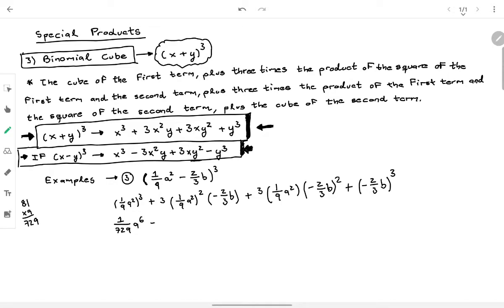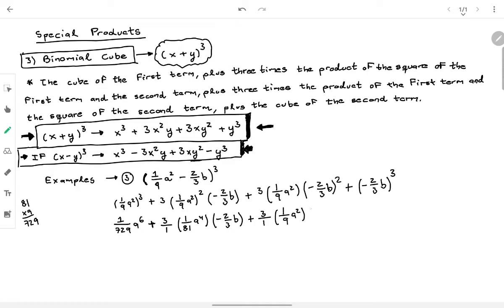Then it's going to be plus, I will do it in 2 steps. So it's going to be 3 over 1 multiplied by 1 over 81, a to the 4th, minus 2/3 of b, plus 3 over 1 multiplied by 1/9 of a squared.